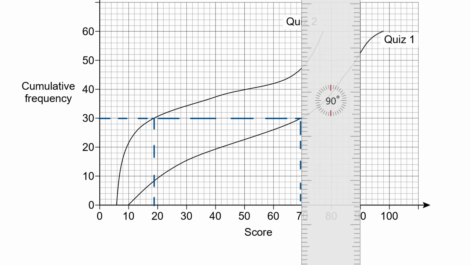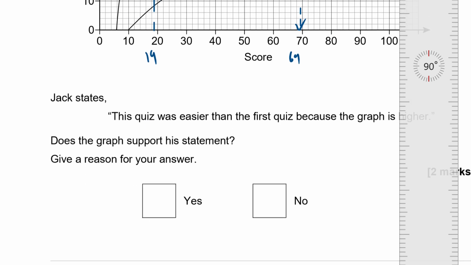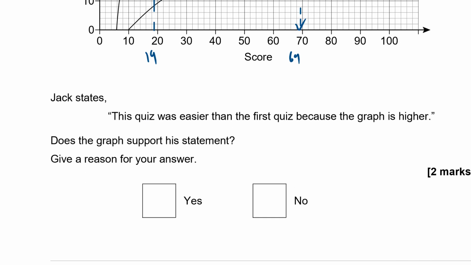We said it was 69, didn't we? So we said this one was 69. Now we can see that the median for quiz 2 is all the way down here. It's 19. So on average, people did a whole lot worse on quiz 2 than quiz 1. So was quiz 1 easier? I would say no.